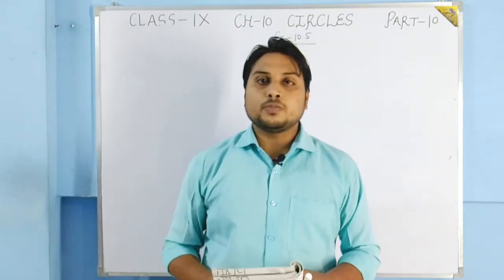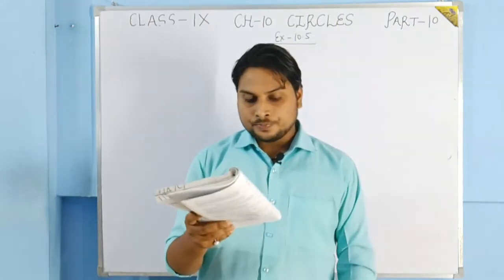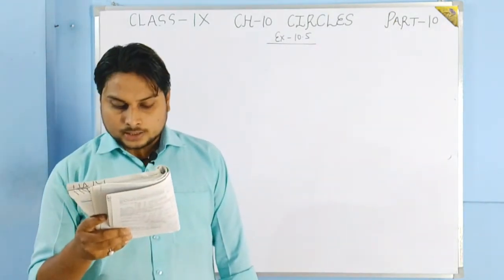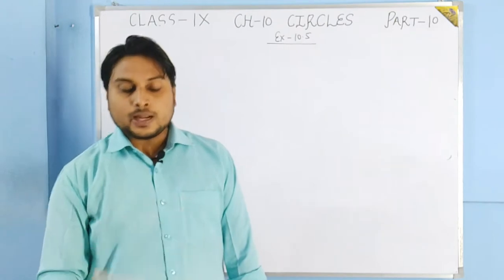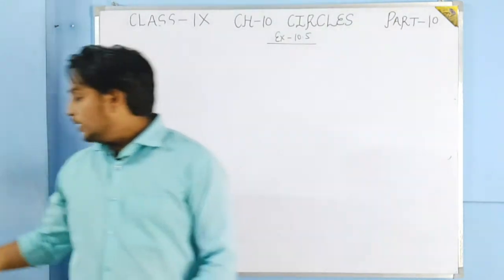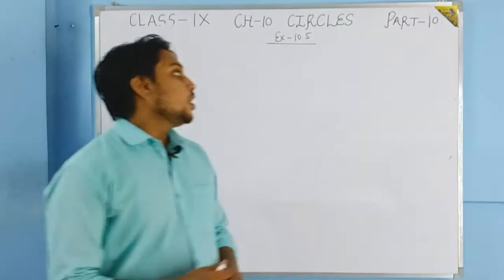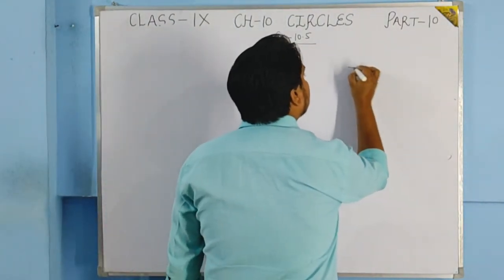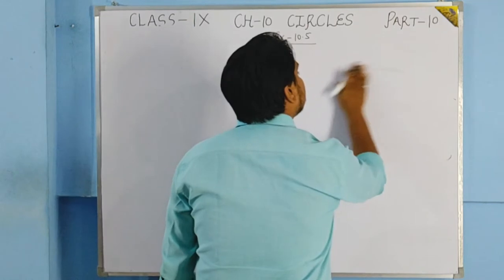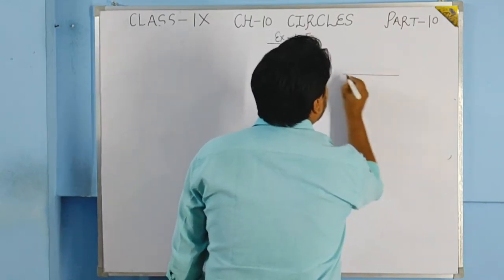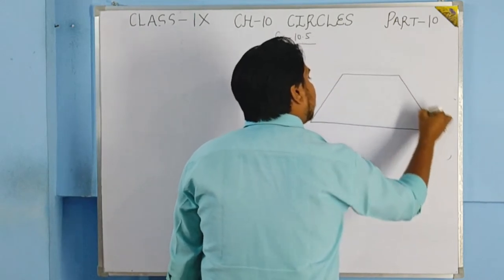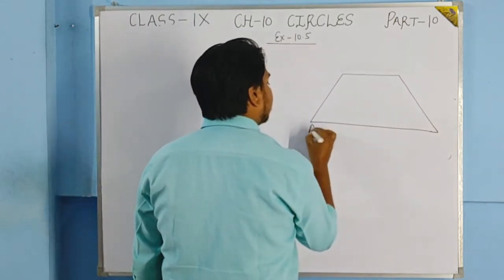Coming to question number 8, and the question is, if the non-parallel sides of a trapezium are equal, then prove that it is cyclic. So it is given that there is a trapezium. Suppose this is the trapezium ABCD.